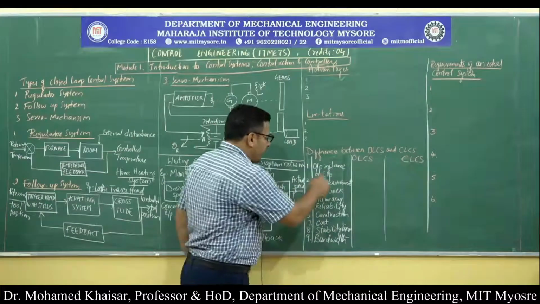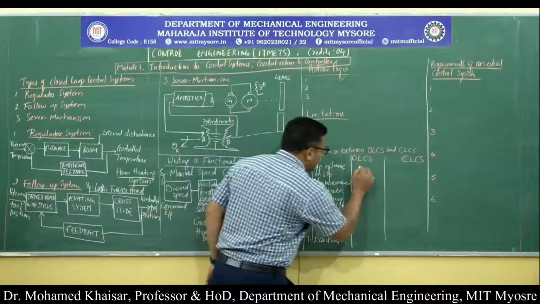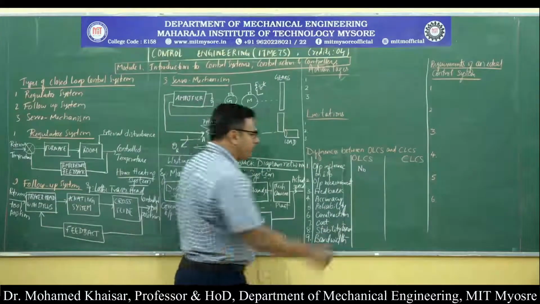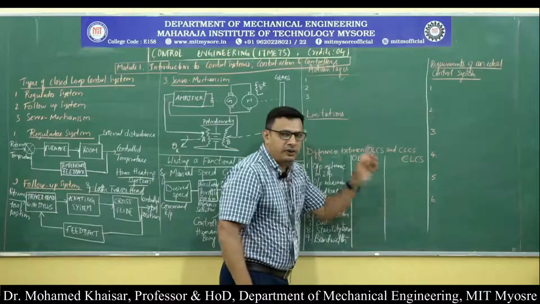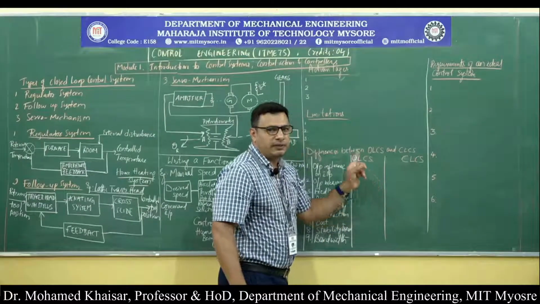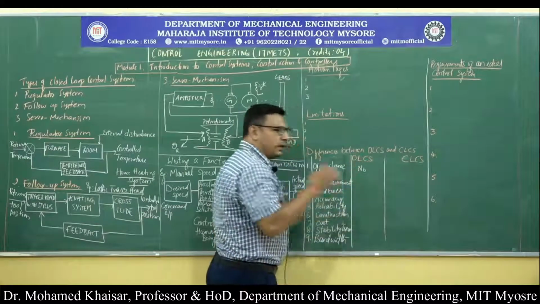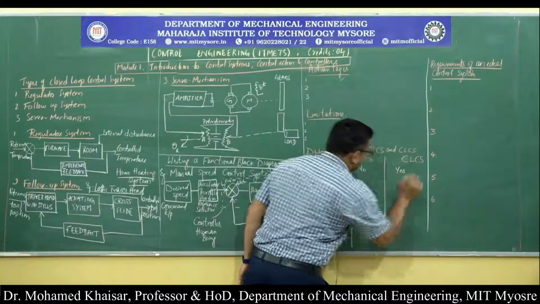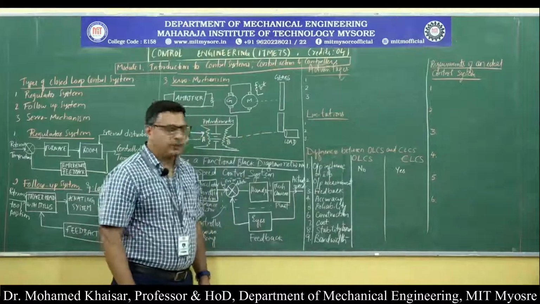So there is no influence of output onto the input. Whereas here, because of the presence of output measurement as well as the feedback element, the output influences the input.